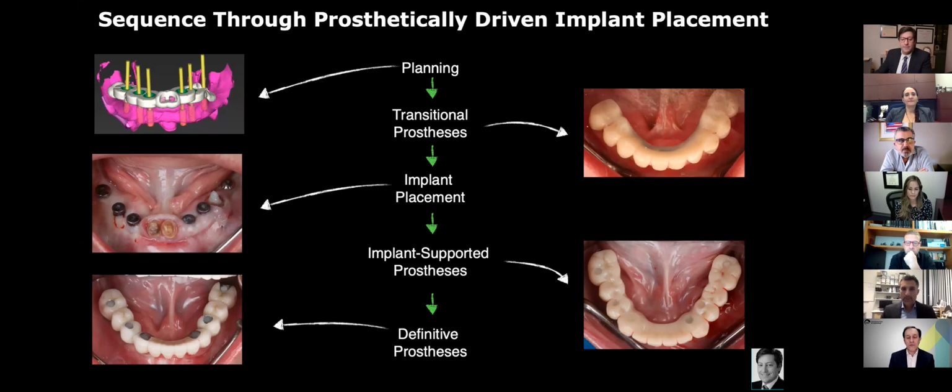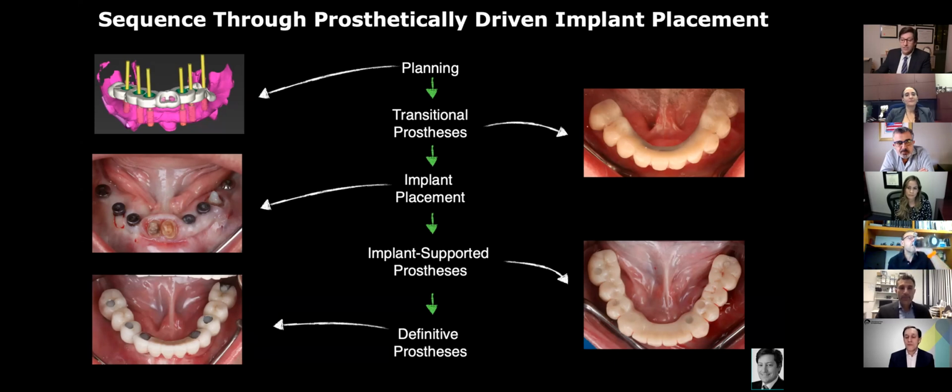You will need to come up with a plan for your transitional prosthesis, whether you extract the remaining teeth or whether you are delivering a transitional prosthesis after the implant placement. Then you need to have strategies for placing your implants or doing the bone grafting procedures that you may need. We all go through the phases of loading a provisional onto the implants, whether it's immediate, delayed, or early. And then the final step is the definitive prosthesis.